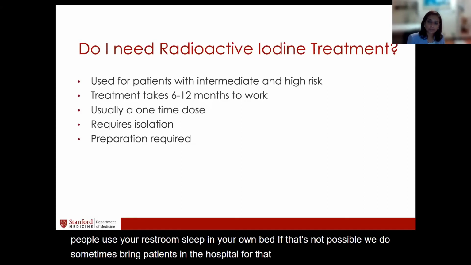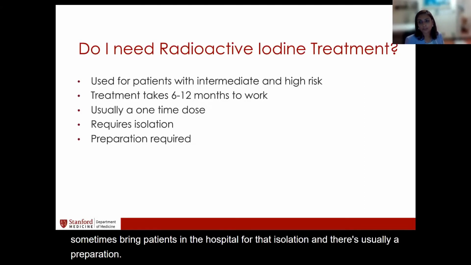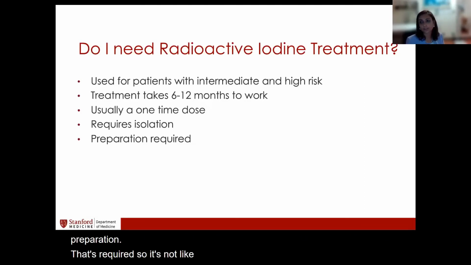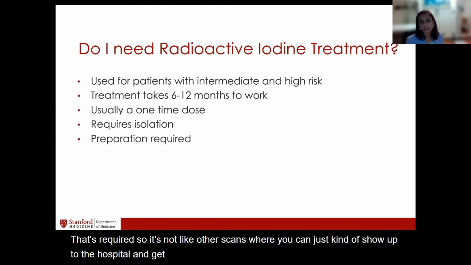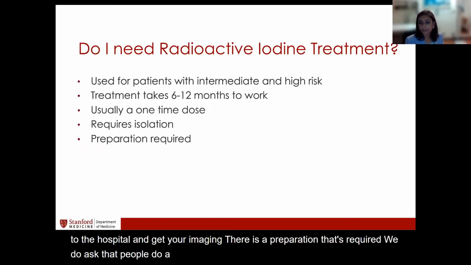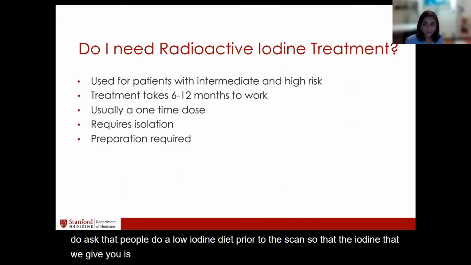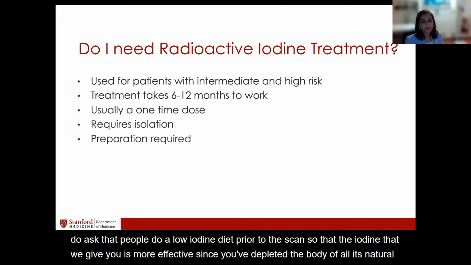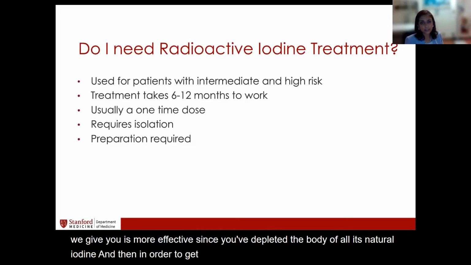And there's usually a preparation that's required. It's not like other scans where you can just show up to the hospital and get your imaging. We do ask that people do a low iodine diet prior to the scan so that the iodine we give you is more effective, since you've depleted the body of all its natural iodine. And then in order to get the scan done, you need to have a high TSH level.